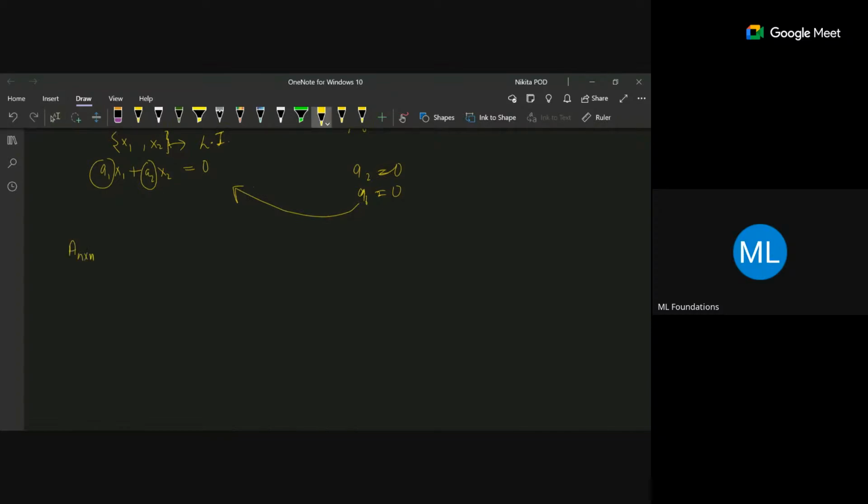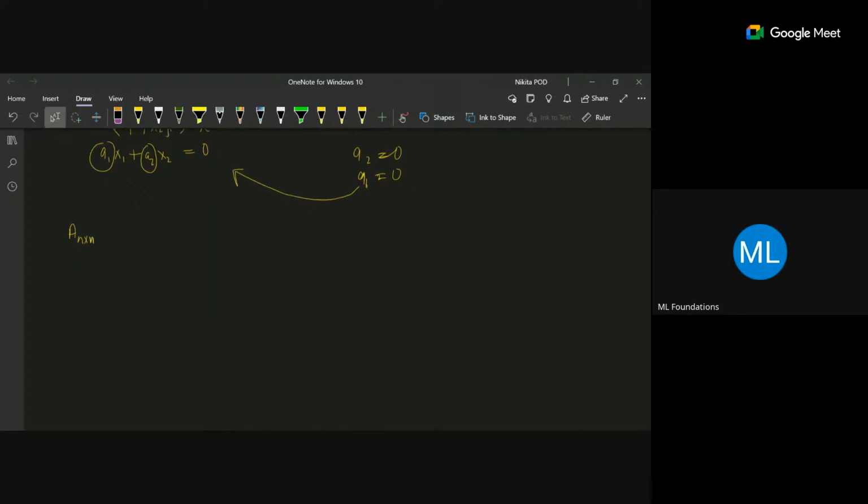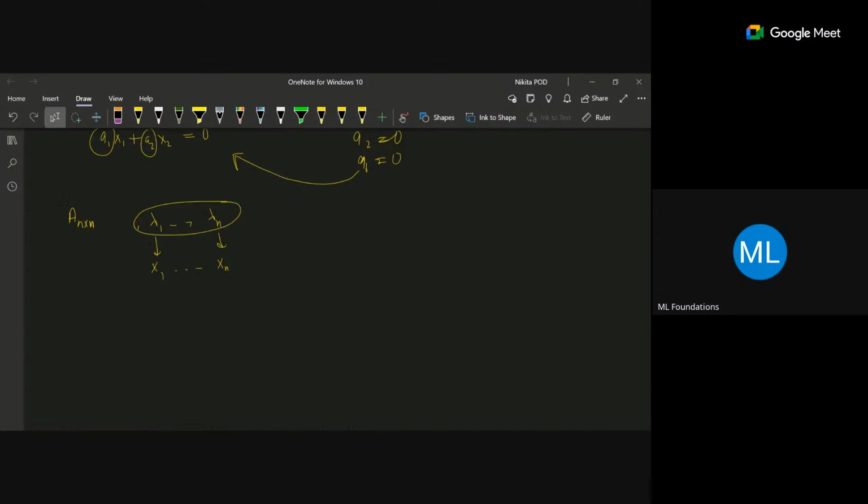Let's say size n. We'll do the same thing. Now we have lambda 1, lambda 2 up to lambda n eigenvalues, and corresponding to each of these eigenvalues we have the eigenvectors x1, x2 up to xn, and all these are distinct eigenvalues.